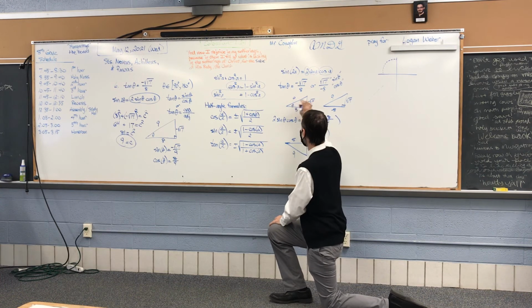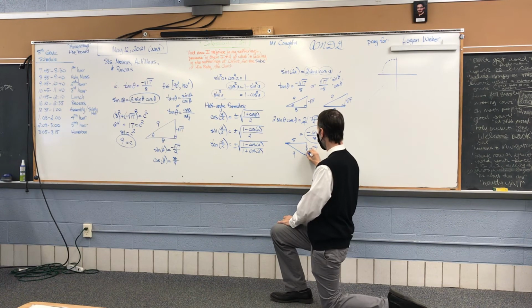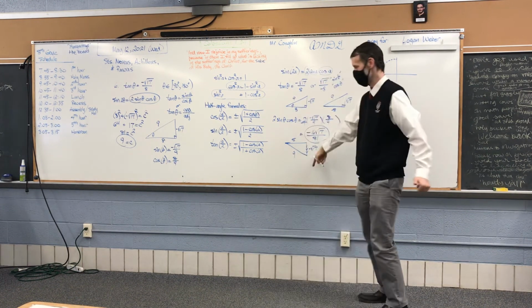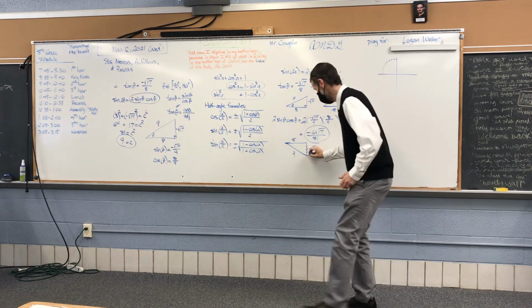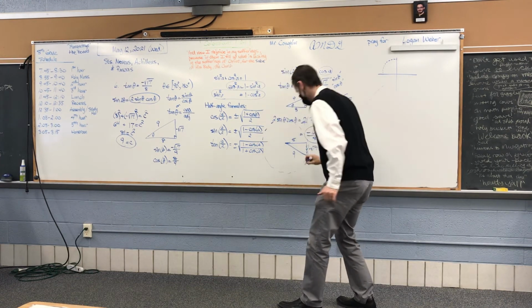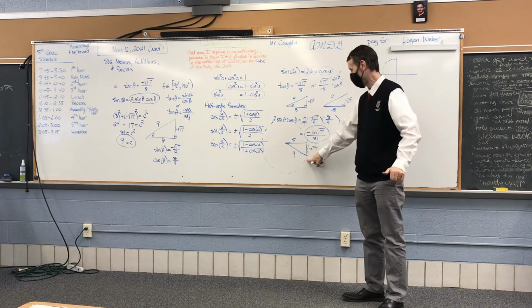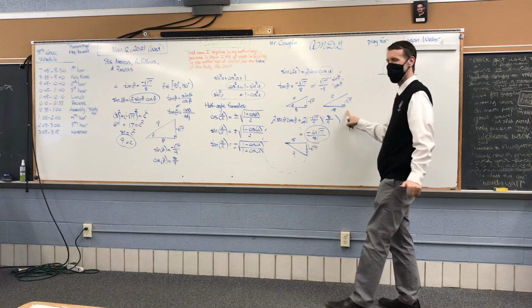This is supposed to be 9 now. Does everybody see why? The negative side would have forced you down this way. And if you're looking like a great big enlarged unit circle, what quadrant is that? Yeah, it's quadrant 4.